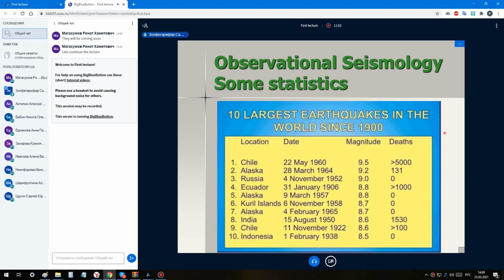Another table shows the 10 largest earthquakes in the world since 1900, as observational seismology statistics.